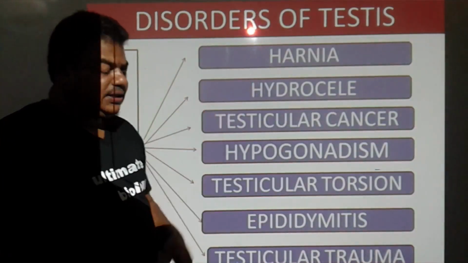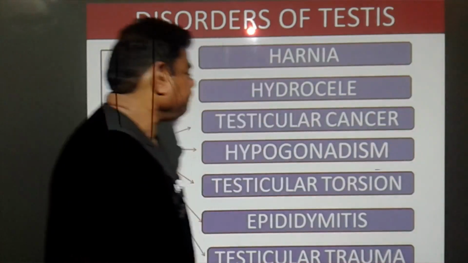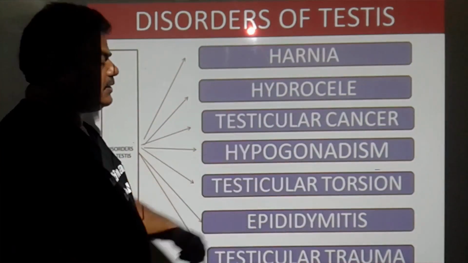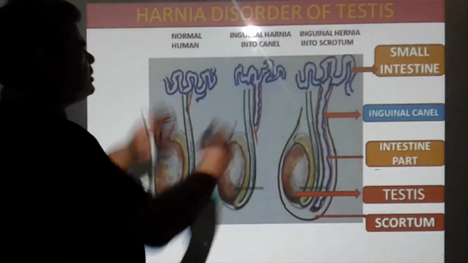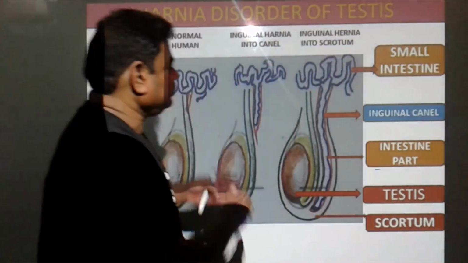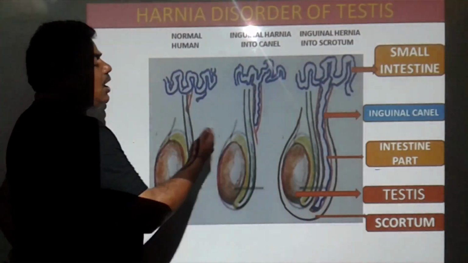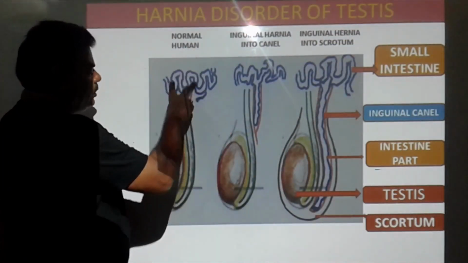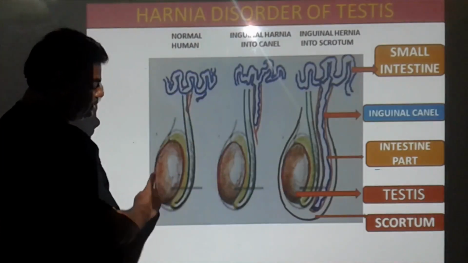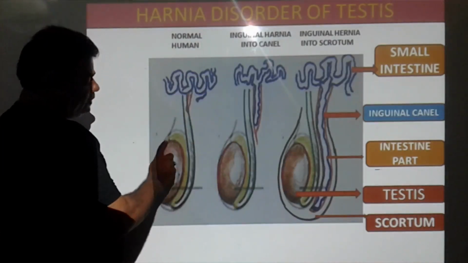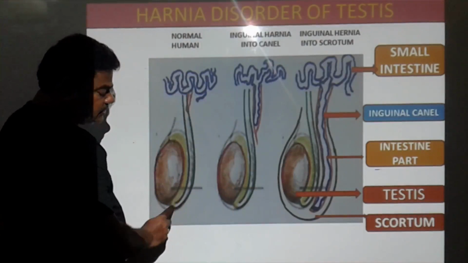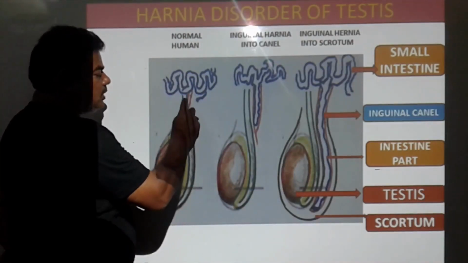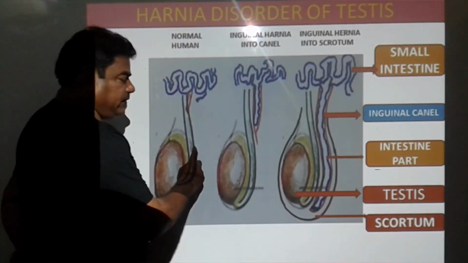We will see hernia in the detailed sense here, and then we will discuss what is hydrocele and these other disorders. See, in case of hernia, how does this disorder take place in our body? This one is the normal human body. This is the testes, this portion we call the epididymis, and from the epididymis a common duct emerges, which we call the vas deferens.